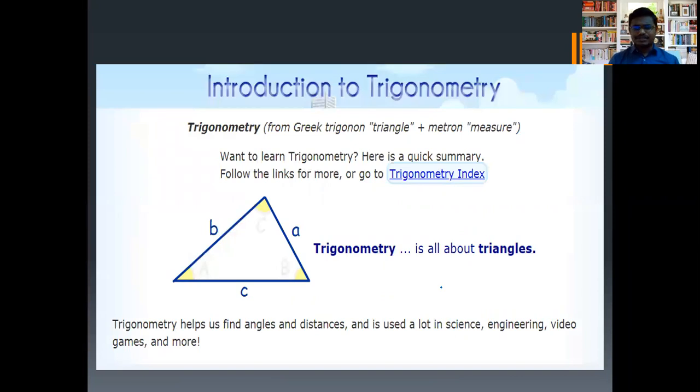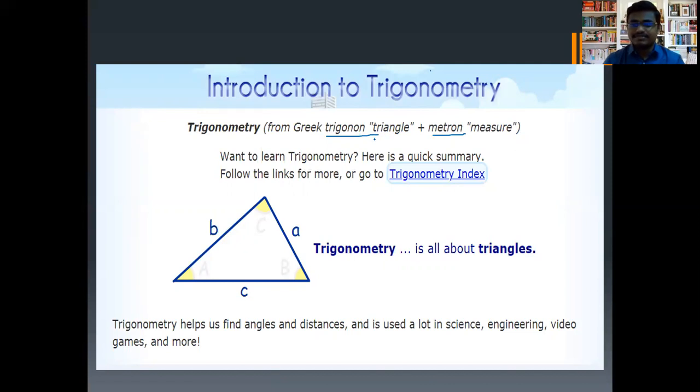So, introduction to trigonometry. Math is a type of language where you can understand by splitting the complete term into different parts. In trigonometry, we have trigono and metron. It's Greek basically.